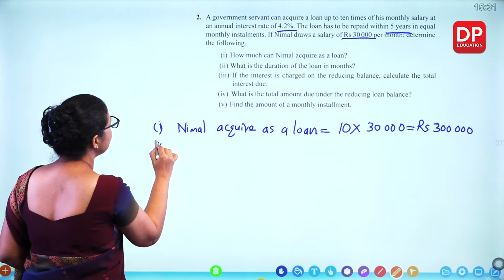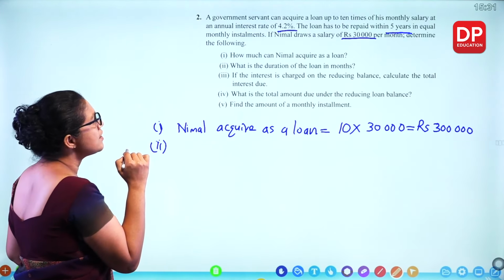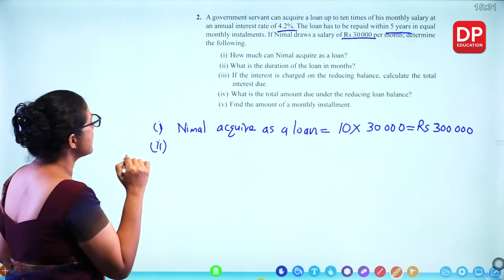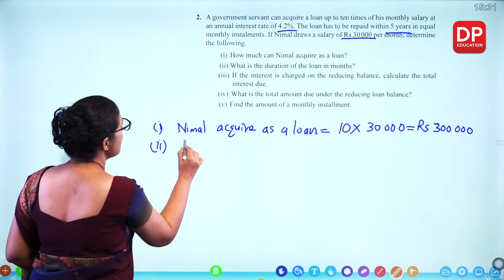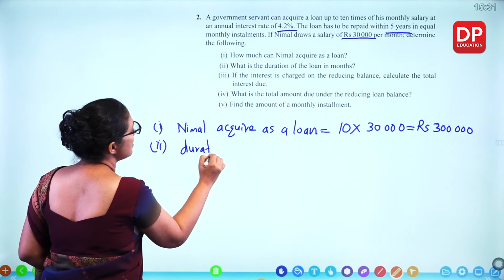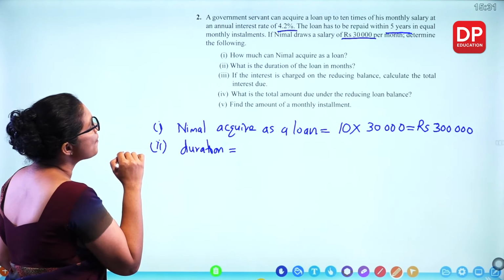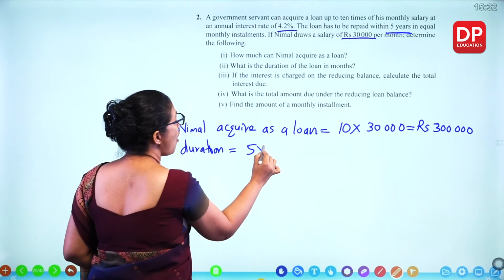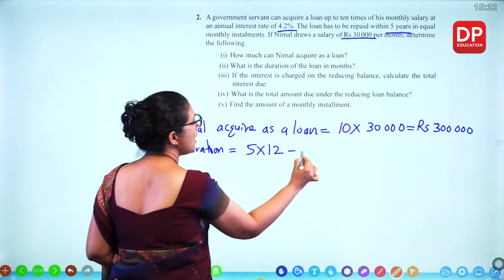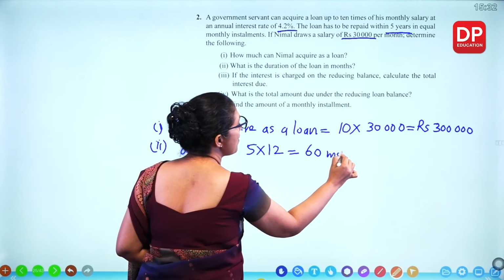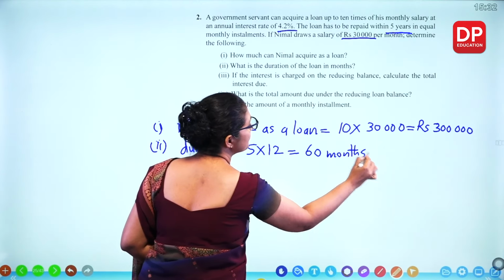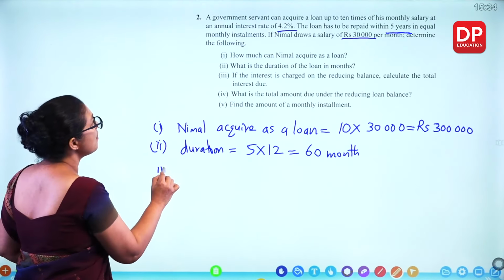Second part. What is the duration of the loan in months? So duration is how many years? 5 years. How many months? Multiplied by 12, 60 months. Third part.